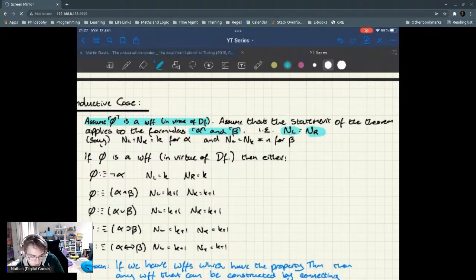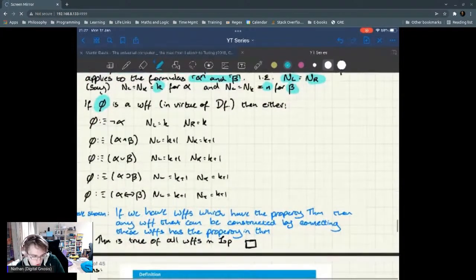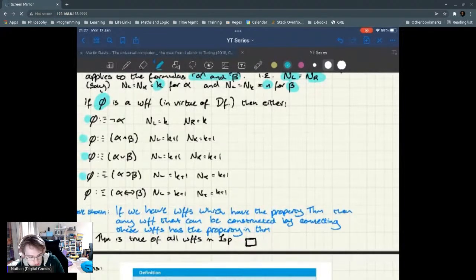So for alpha, we're going to call the number of left parentheses and the number of right parentheses k, and we're going to say that it's n for beta. So if phi is a well-formed formula in virtue of DF, then phi is going to be constructed by any of these cases.